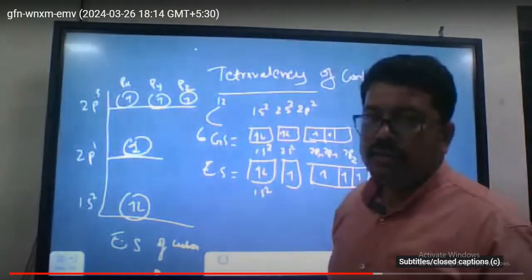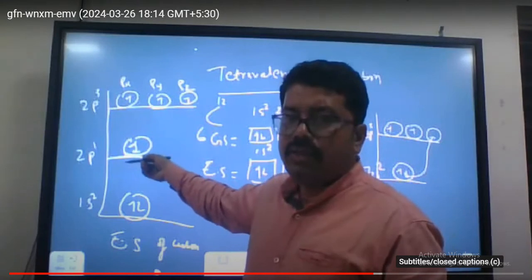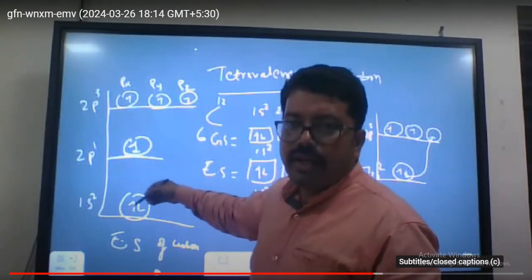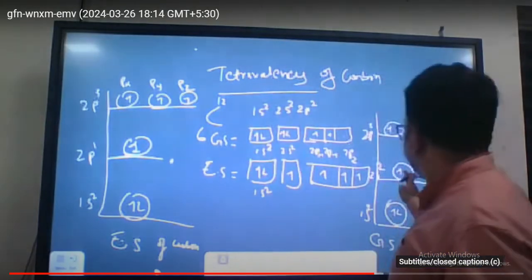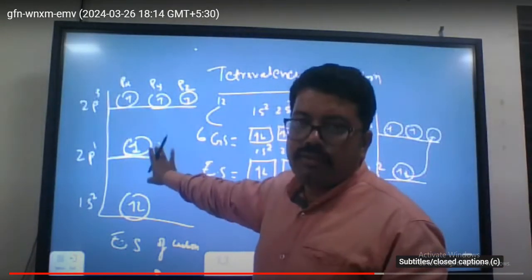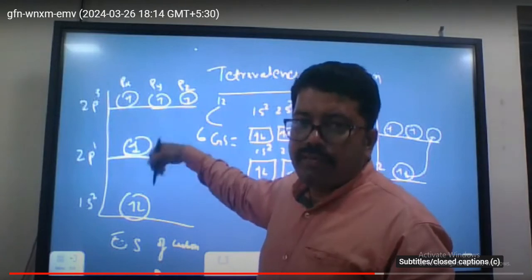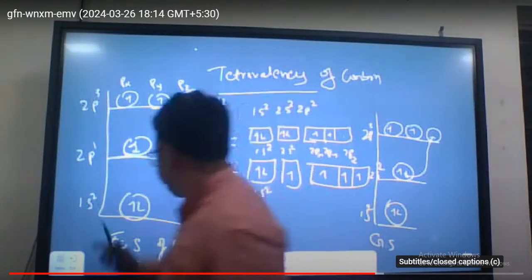What do we call this process? We call it hybridization. The process of redistribution of energy by mixing different orbitals.